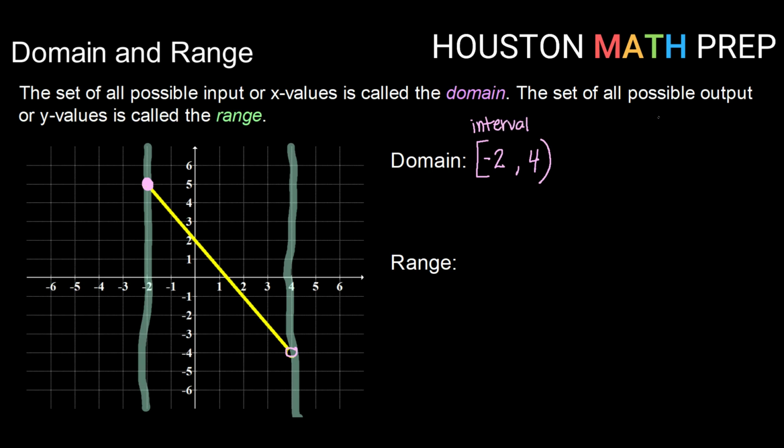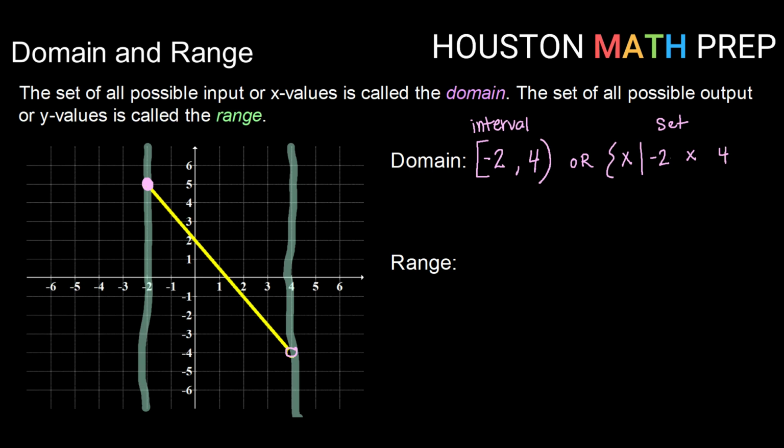There's also another notation that we could use, which is called set notation. So another way of expressing this is to use our curly brackets and say, we are looking for all x values such that, and then we can use inequality notation here. So we can say we're looking for x values that are between -2 and 4.